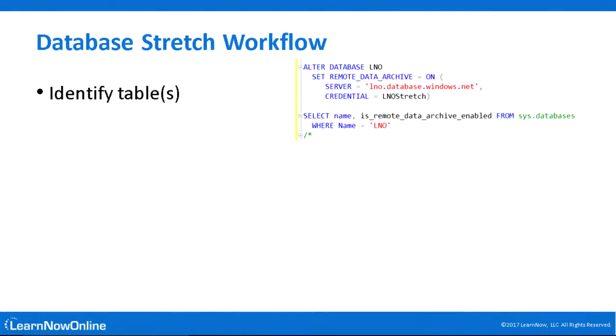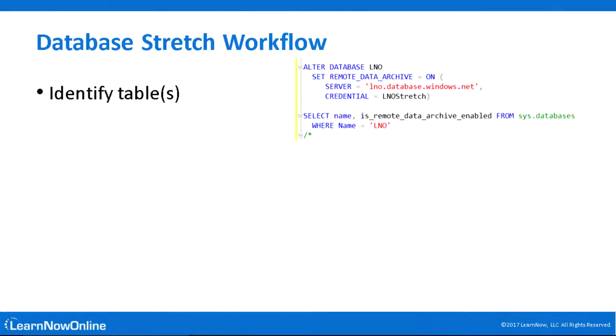There's a workflow you can follow with database stretch. First of all, you're going to have to identify the tables. We looked at the advisor to see some suggestions and limitations of tables in your on-premise database. You're also going to have to alter the database, and you can see that syntax on your right. We're going to alter database, database name, set remote_data_archive equals on, and then your server is going to equal the server in your Azure cloud.